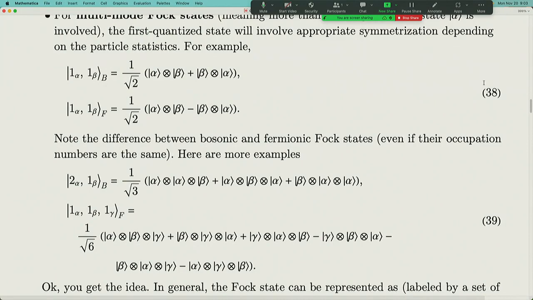The representative state is that you assume the first particle is in the alpha state and the second particle is in the beta state. Of course, we know if you only write down a term like that, that term will not be symmetric under permutation, because if you exchange the first and second particle, you exchange their state labels, and that leads to a different state.